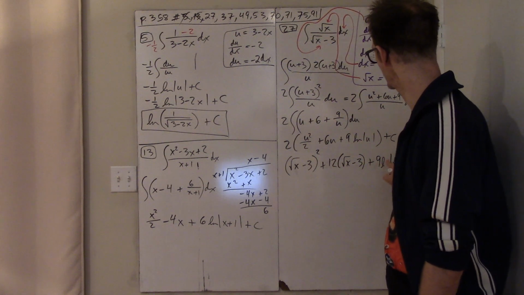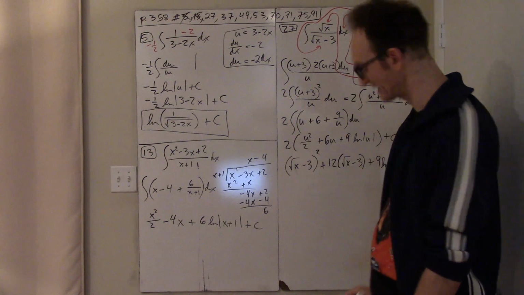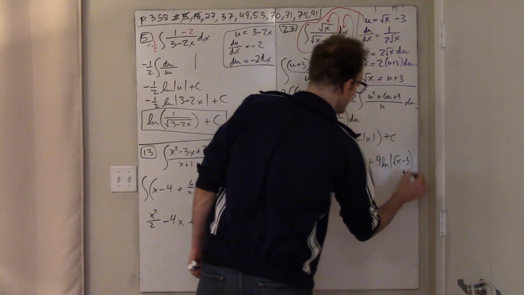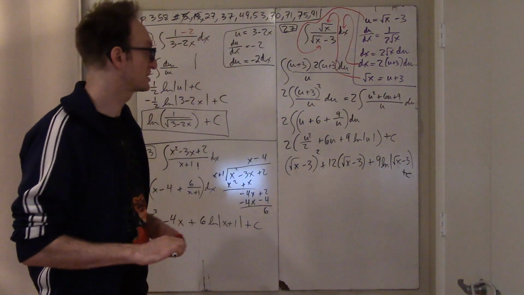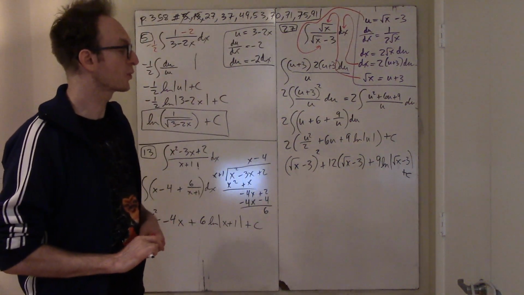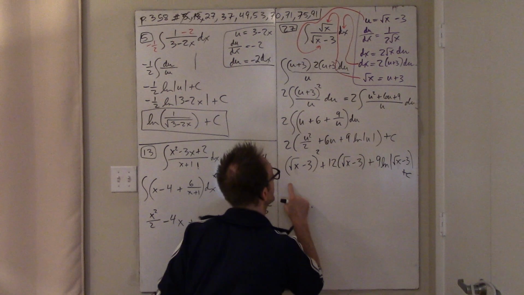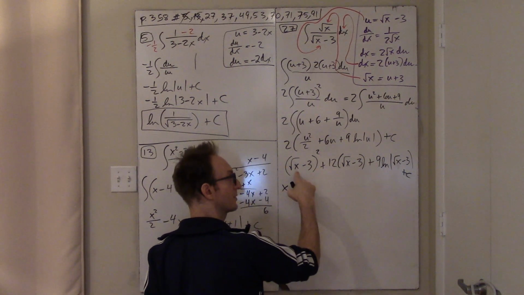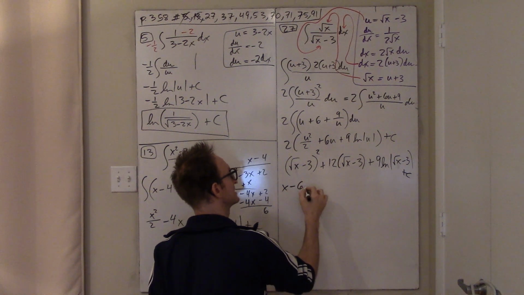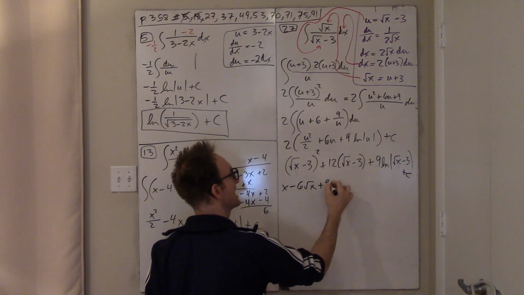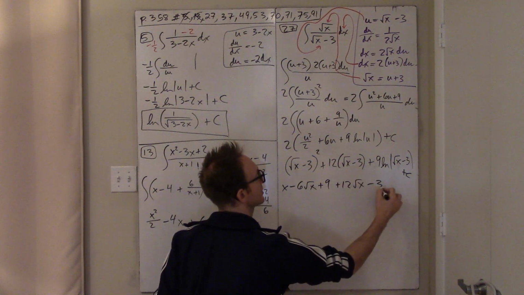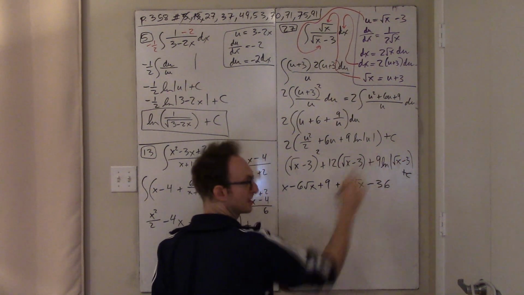It's tempting to leave it like this, and if you left it like this it wouldn't be wrong, but many people will distribute and then throw out constants. So if you want to keep going, this becomes x minus 6 root x plus 9, plus 12 root x minus 36, and then plus the logarithm.